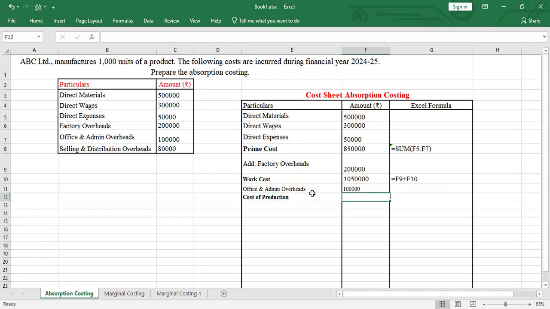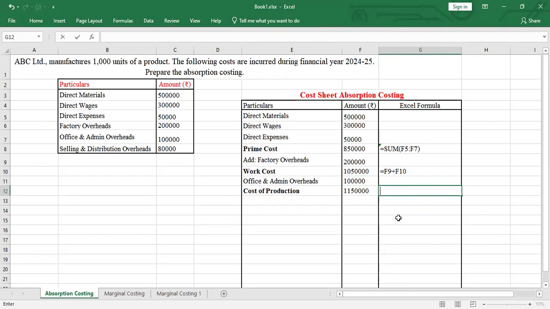Cost of production will be 11,50,000. Now, how to get this particular 11,50,000? It's very simple. Work cost plus office overhead. We will be getting 11,50,000.